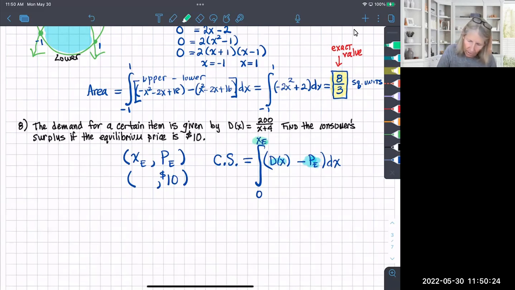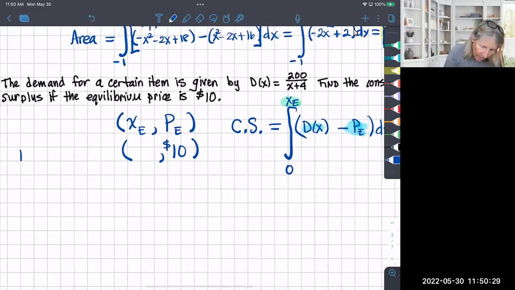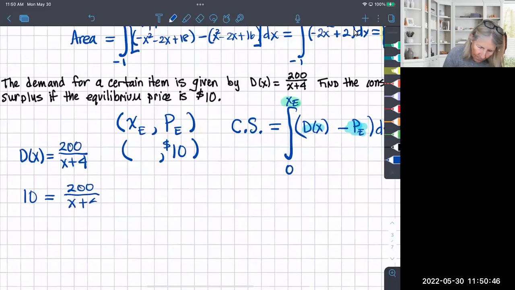So what I'm going to do is use that demand function and plug in there. I know that D of X equals 200 over X plus 4, and I'm trying to find X. I know the price is 10, so 10 equals 200 over X plus 4. I have a little solving to do here. Let's multiply both sides by the LCD of X plus 4, and that'll cancel out the X plus 4's.